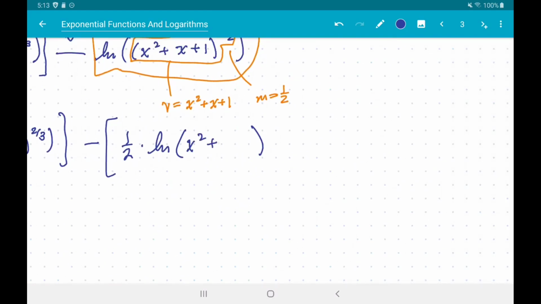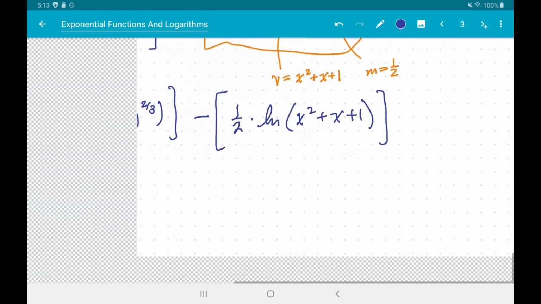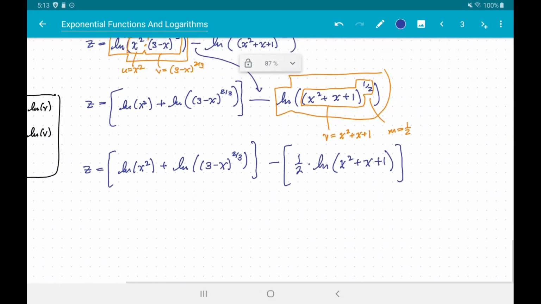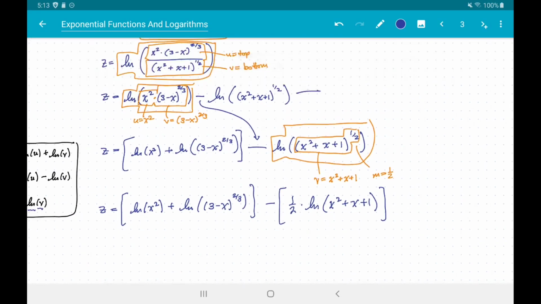It's x squared plus x plus 1. Now, is it clear what's happened? From here, I've had to do a couple of different steps, and in one I replaced all of that part, and then in the second step I replaced all of that part.